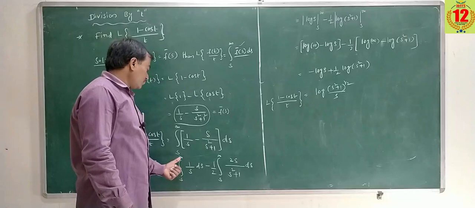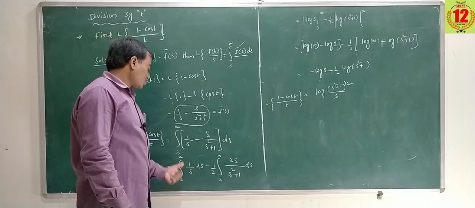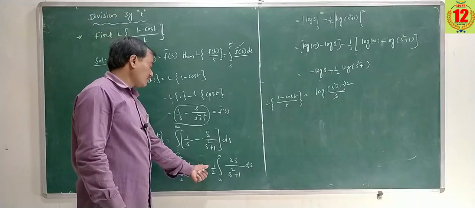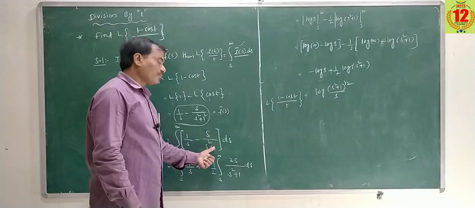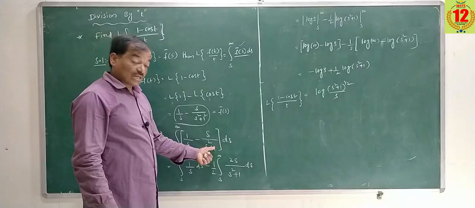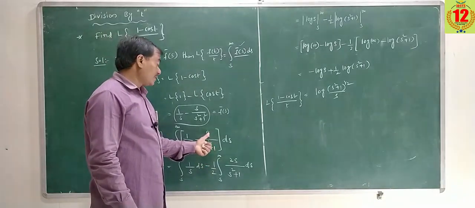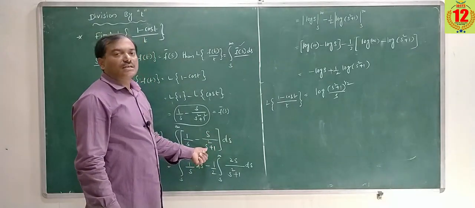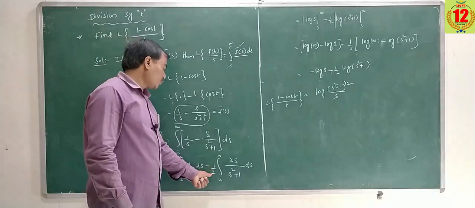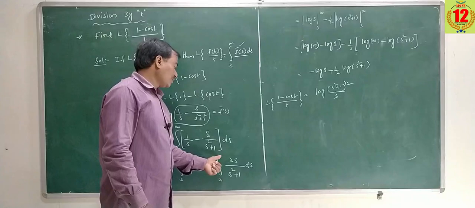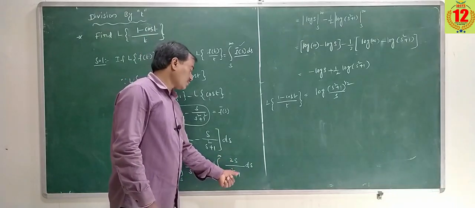Now we have to find the integral from s to infinity of 1 by s ds minus, here this is s by s square plus 1. For our convenience, we multiply and divide the numerator and denominator by 2: 1 by 2 integral from s to infinity of 2s by s square plus 1.